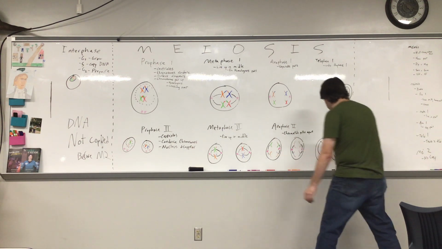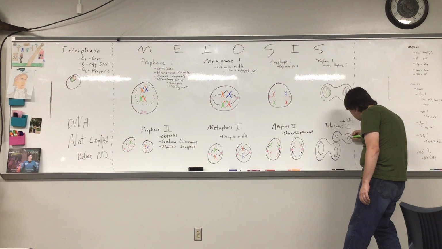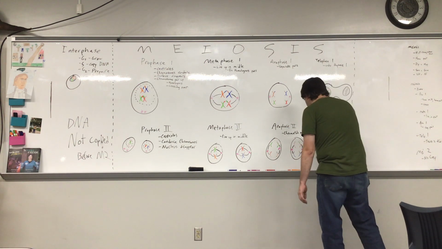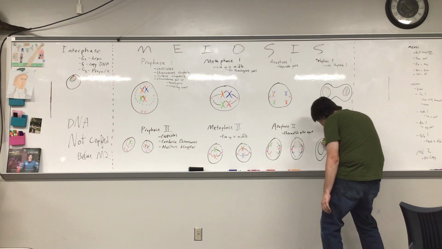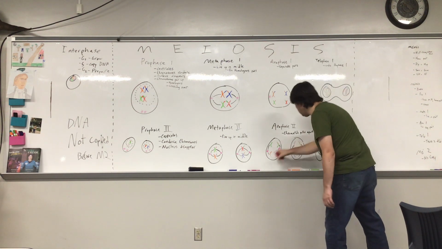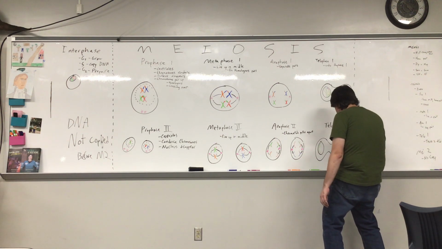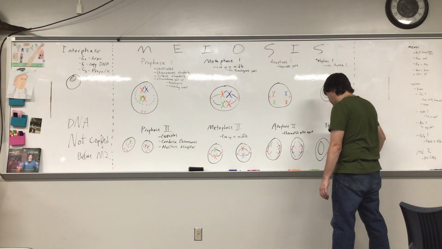So let's see if I can do this quickly. We'll put this cell up here. So we have a little bit of green up here. And then we have over here a lot more green and a large amount of green with a little bit of red. Large amount of red here, and a decent amount of red there.